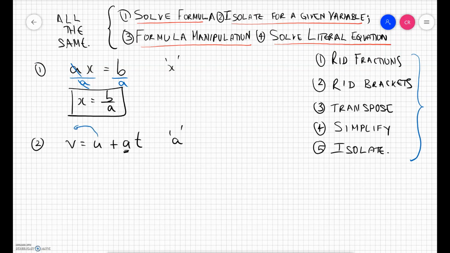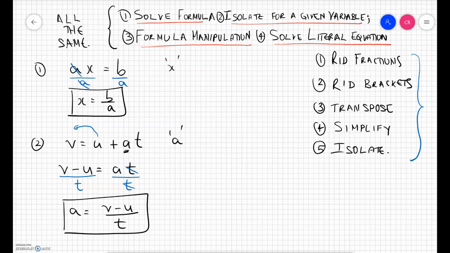We transpose the u, so we get v minus u equals at. And of course, to get a by itself, we divide both sides by t. So now the t goes here, and you're left with a equals v minus u over t. And that's as far as we can go.